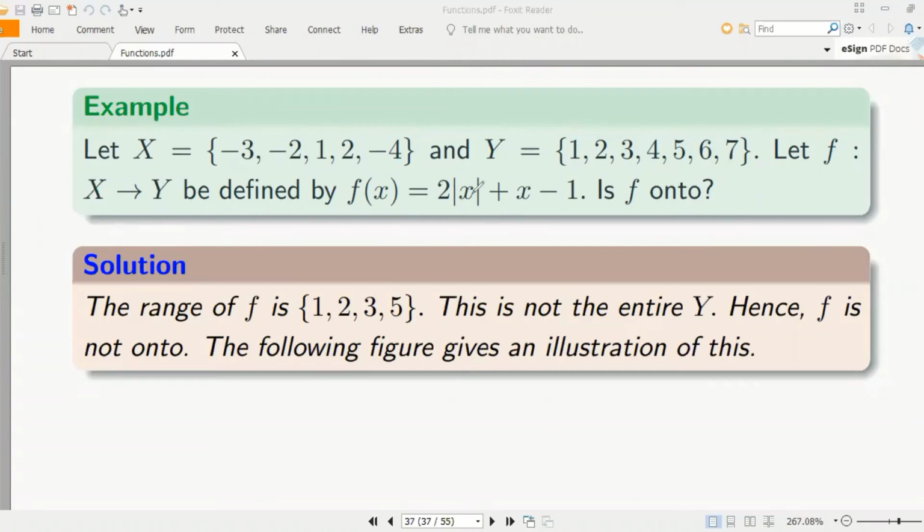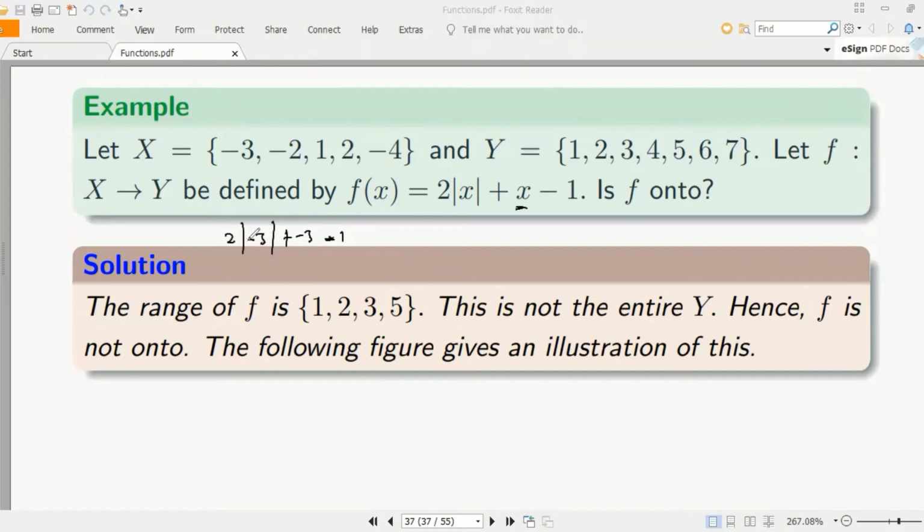The modulus of x minus 1. So let's see. Where is -3 assigned to? -3 is assigned to 2, the modulus of -3 plus -3 here, then -1. So this modulus means it comes out positive.